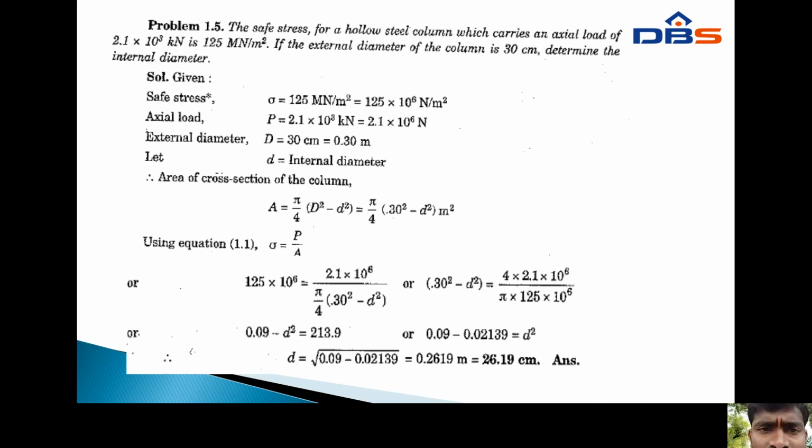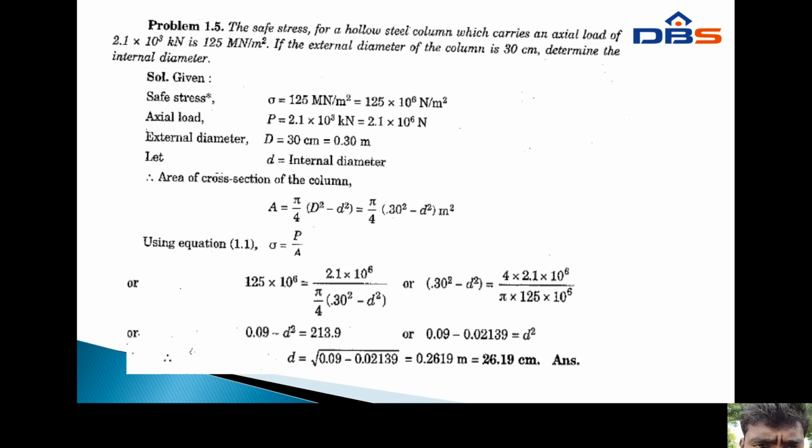This is problem number 1. The safe stress for a hollow steel column which carries an axial load of 2.1 into 10 cube kilonewtons is 125 meganewton per meter square. If the external diameter of the column is 30 centimeters, determine the internal diameter.